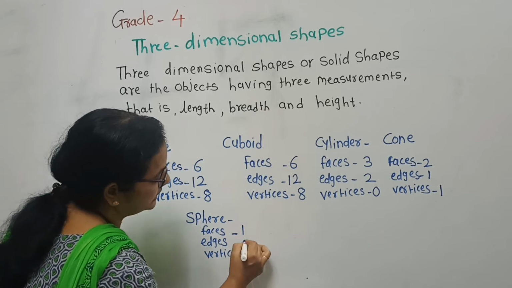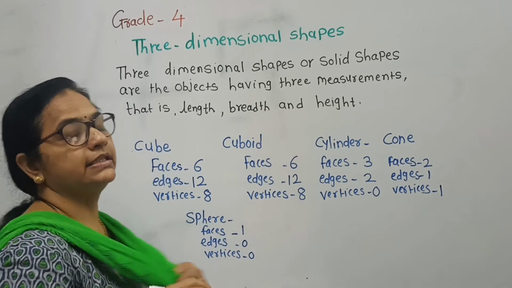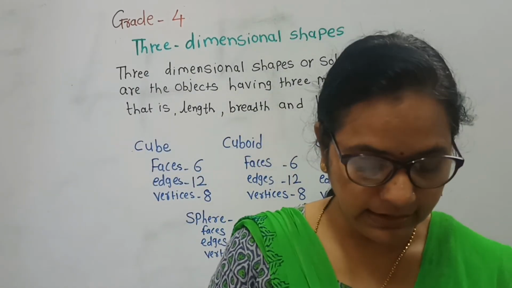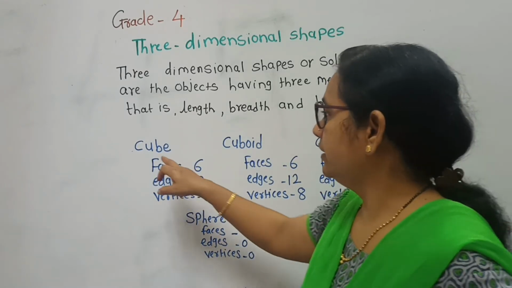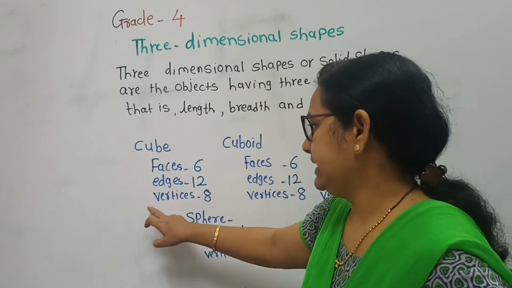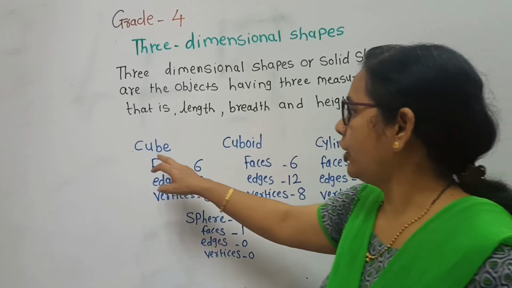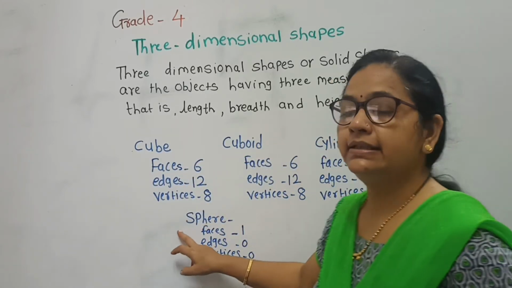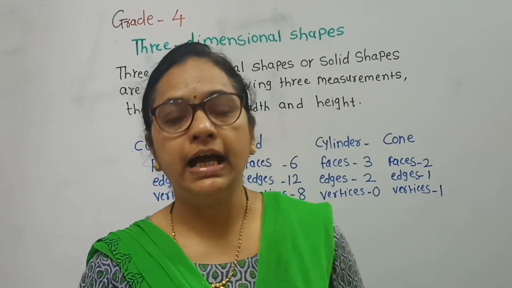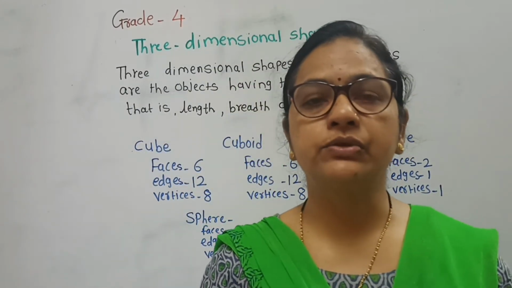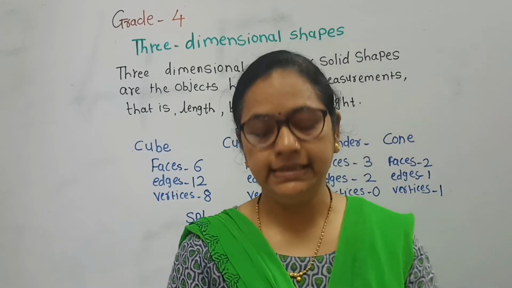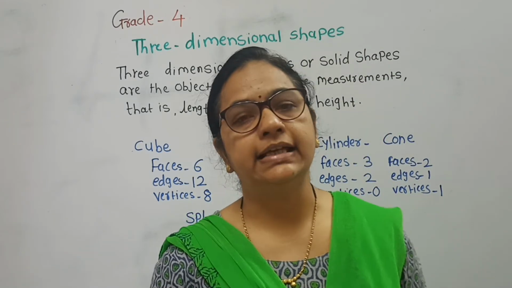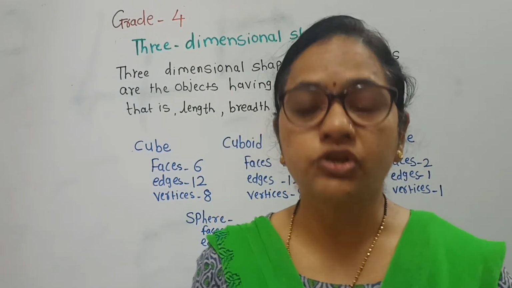So edge is 0 and vertices 0. Okay, children. Now you know about the faces, edges and vertices of cube, cuboid, cylinder, cone and sphere. Children, I hope now you have understood about the faces, edges and vertices of the solid shapes.